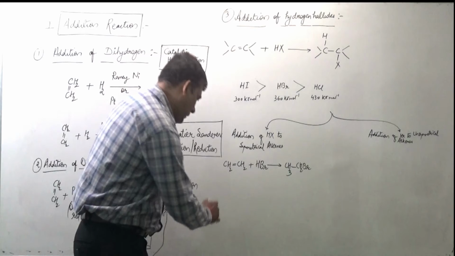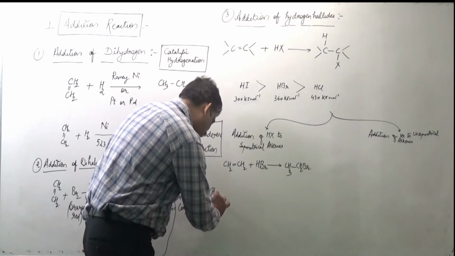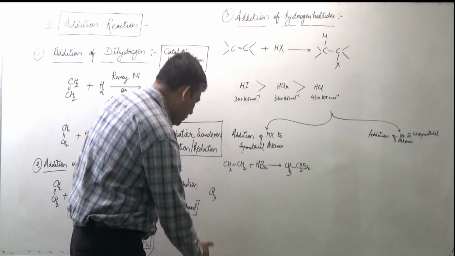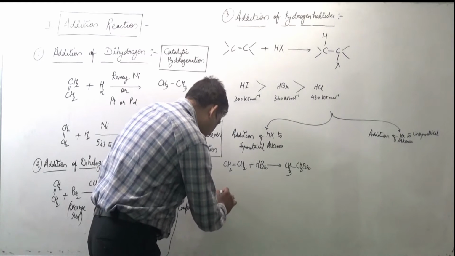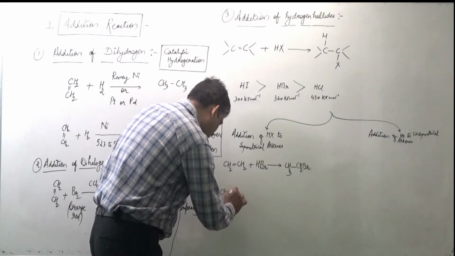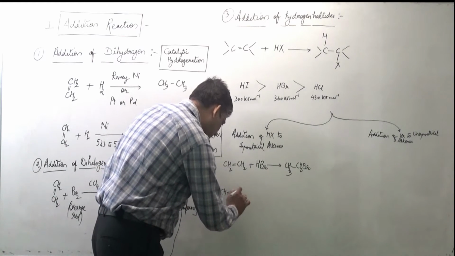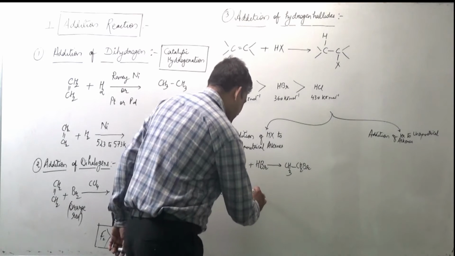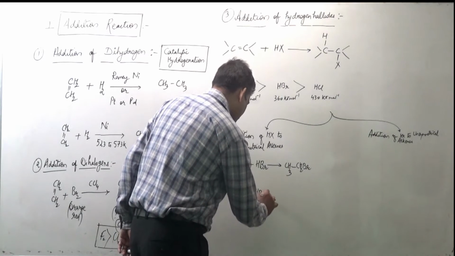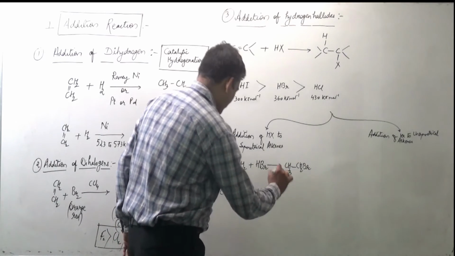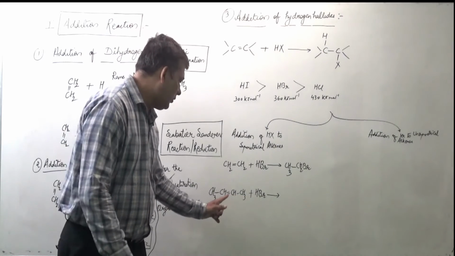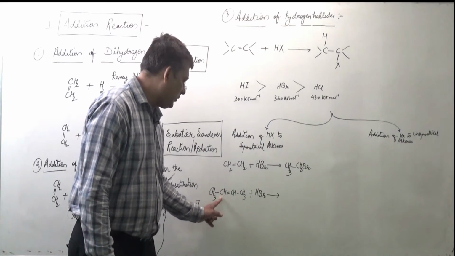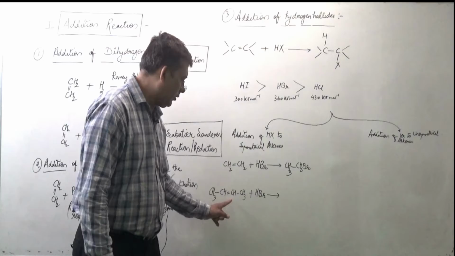Let us consider one more example, that of 2-butene, CH3 CH double bond CH CH3, plus HBr. Now, a proton can go either to this carbon or to the other carbon.